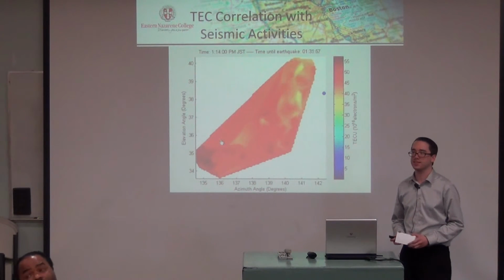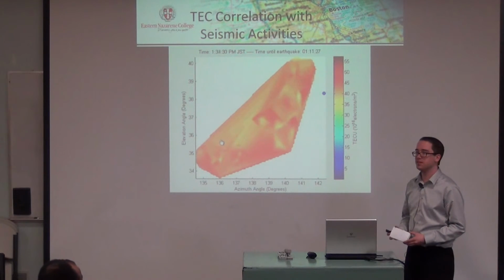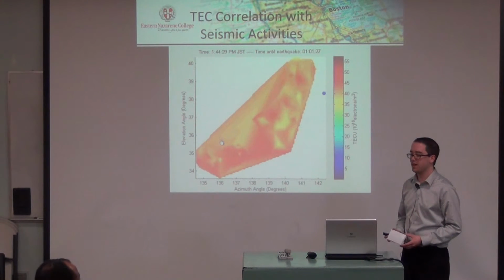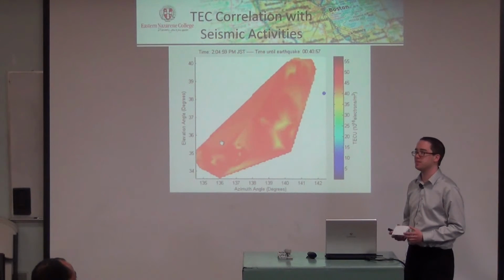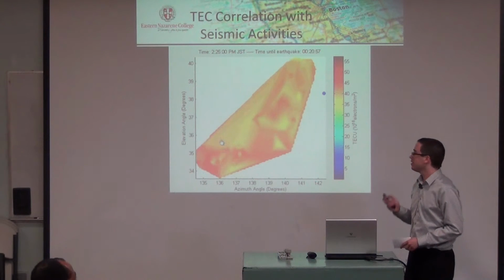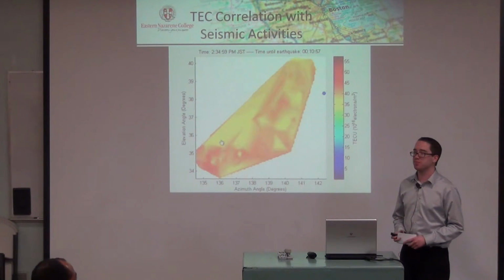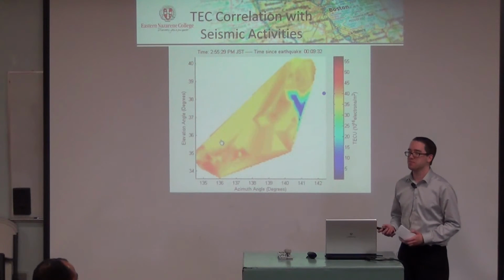So the suggestion is if we could see this happening ahead of time, if we could see what's about to happen. Yeah, but I didn't take data of Japan without seismic activity, so I don't know what the normal color would be for that.